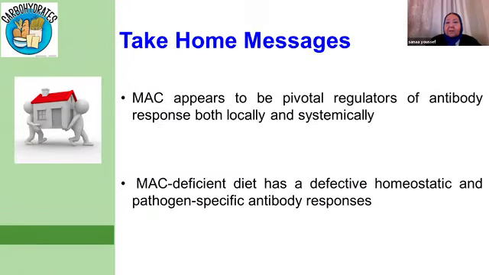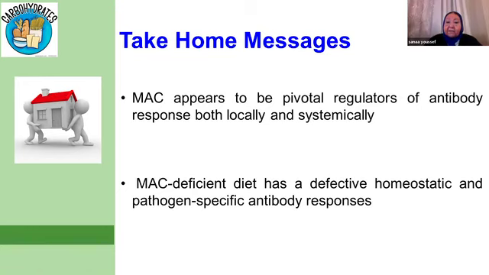Now, the take-home message for the carbs: microbiota accessible carbs play a pivotal role in regulating the antibody response, both locally and systemically. It also has a systemic effect.